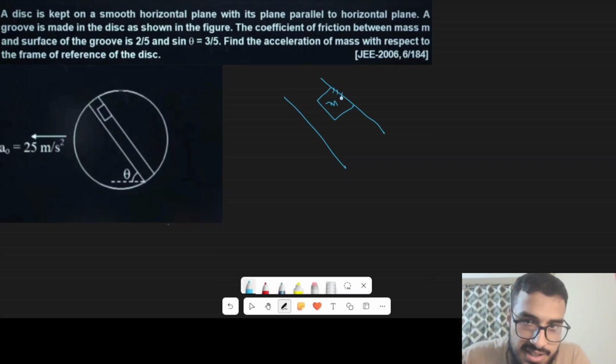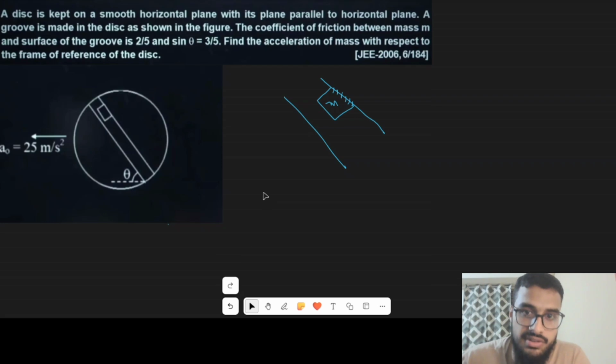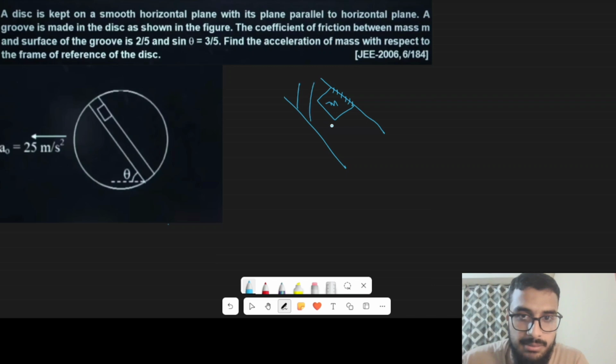One is this side face, and we can only see one line because this is the top view. There is one more face, the bottom face, which is always in touch with the plane of the groove.